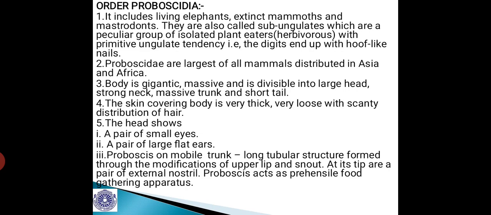Now coming to the next order, Proboscidea. You know the meaning of the term proboscis, that is trunk, which is very much enlarged and well developed in case of the members of this group Proboscidea, which are nothing but elephants. That's why the members have got that name Proboscidea.